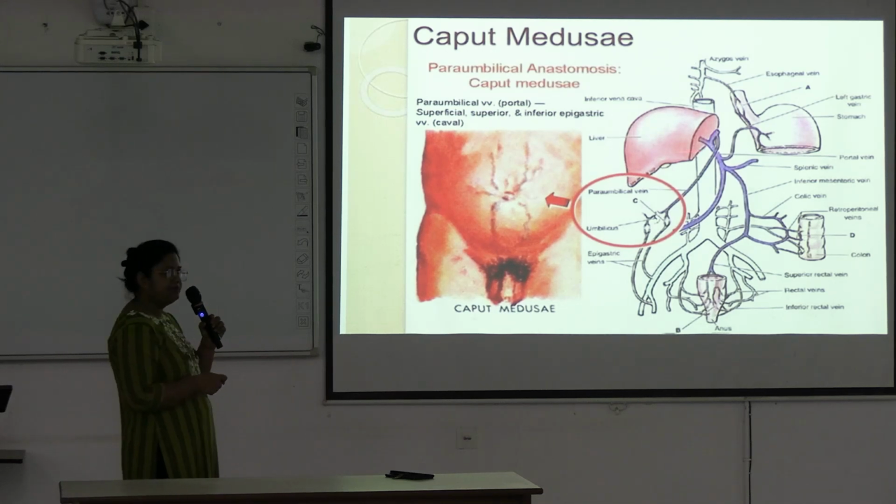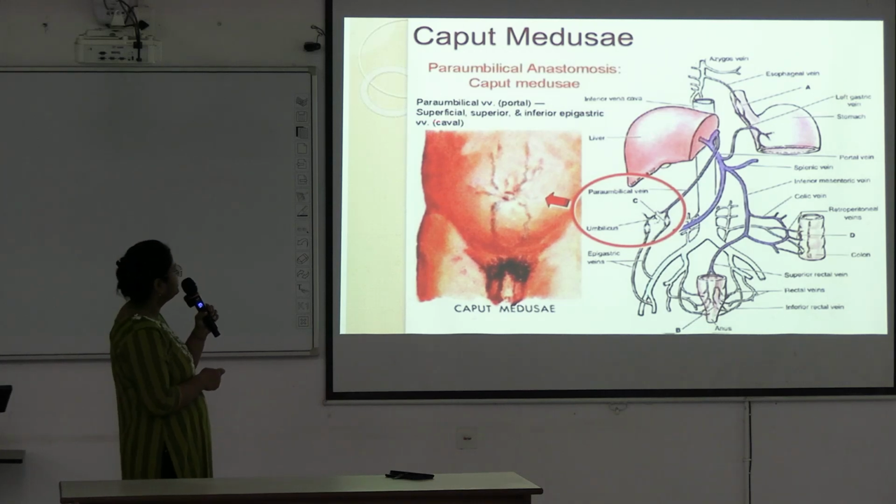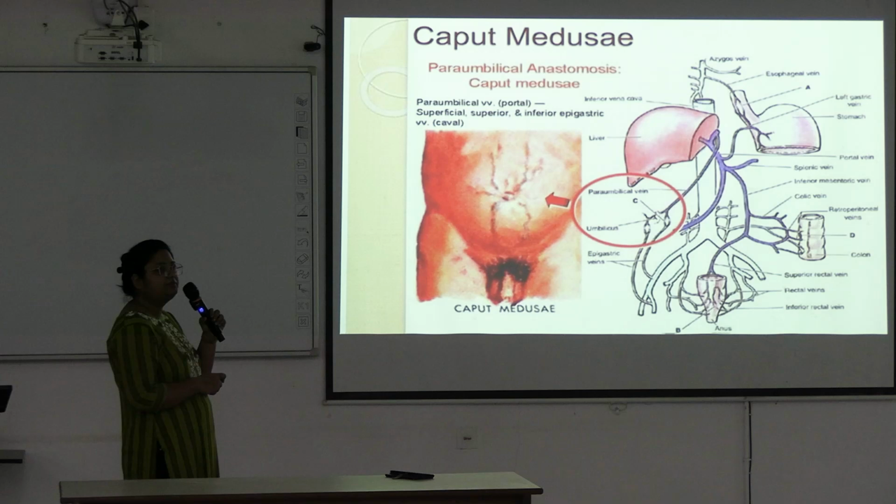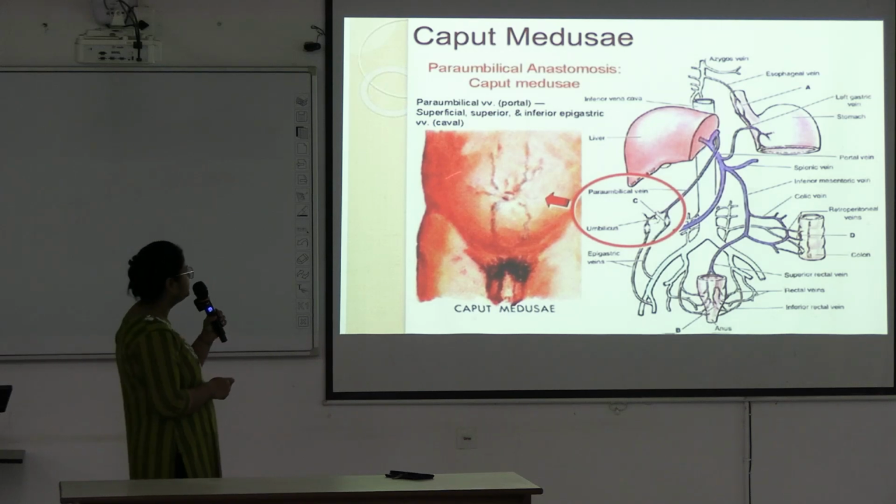And for the systemic or caval system, the veins are the superficial veins, the superficial epigastric, superior and inferior epigastric veins. They anastomose with the paraumbilical vein around the umbilicus here.